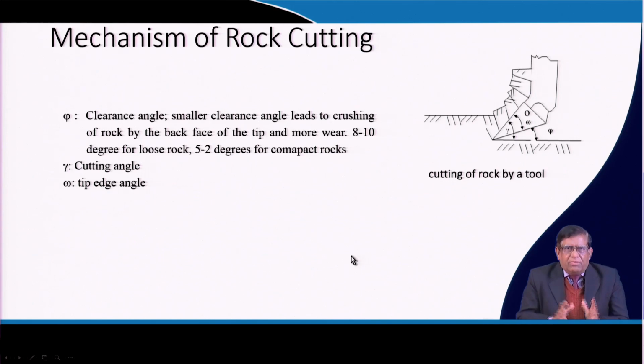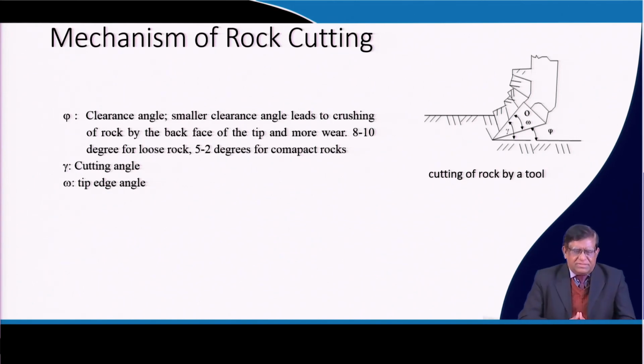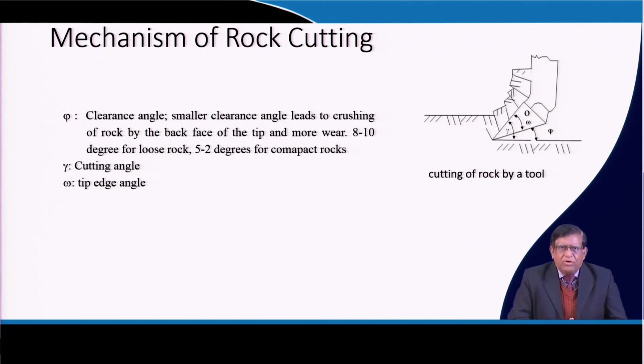Now coming to the basic thing: how is a rock cut? You might have seen rock cutting in your villages. You might have seen people working in rocky areas using picks to break the rock, or soil cutting machines, say while making a hole for erecting a shed.